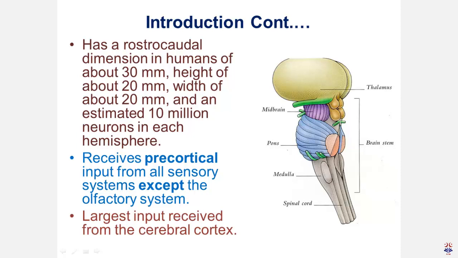The thalamus receives precortical input from all sensory systems except the olfactory system, and it receives its largest input from the cerebral cortex.